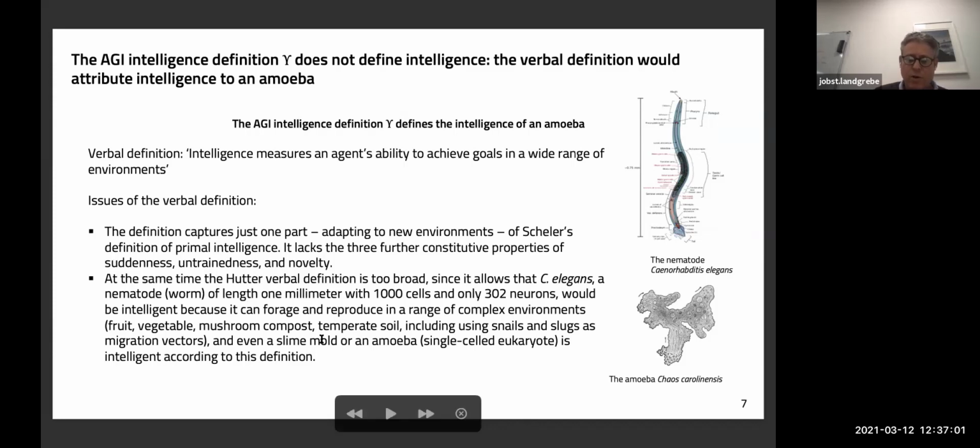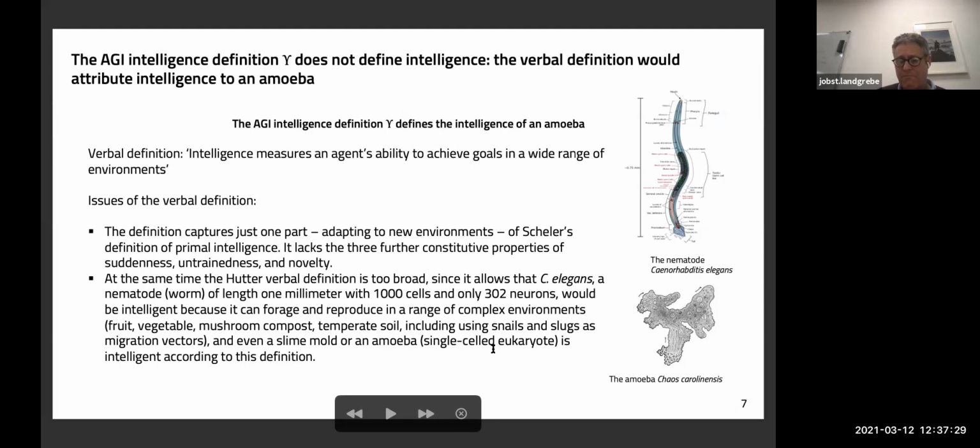But then it's also too broad because it allows C. elegans, a worm that has just 1 millimeter of length, 1,000 cells and only 300 neurons, to be intelligent because it can forage and reproduce in many complex environments such as fruits, vegetables, mushrooms, compost, soil, and so on. It can even crawl into slugs and use them as migration vectors.